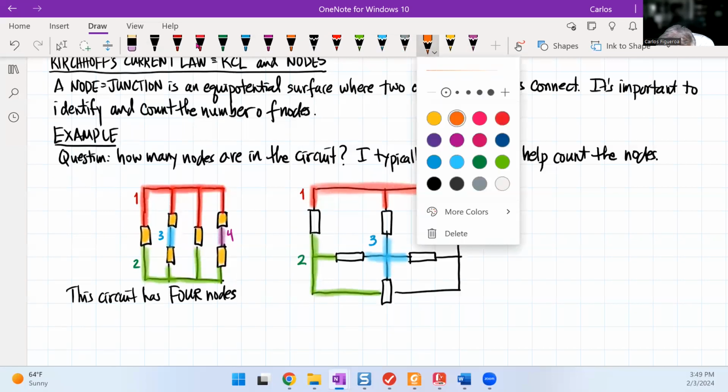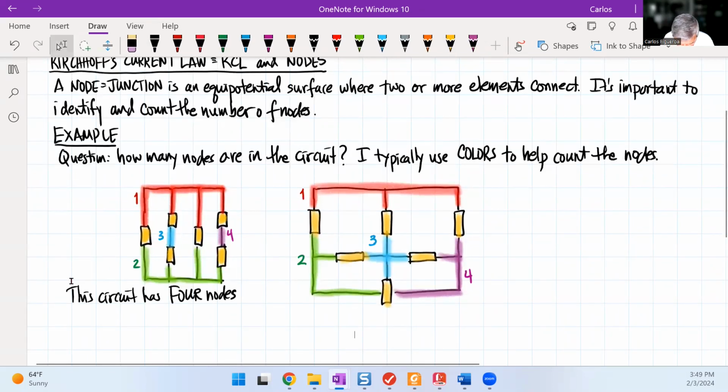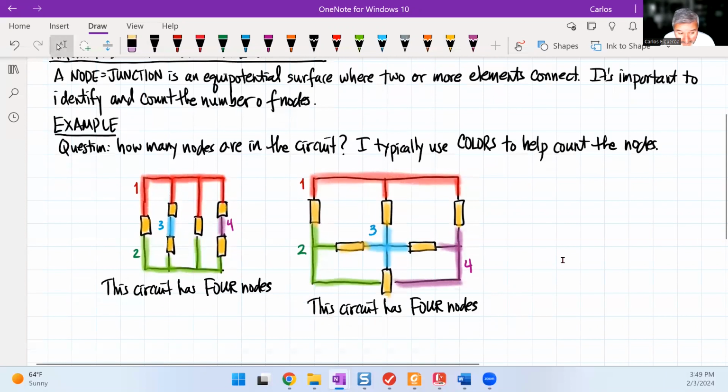And then finally, I could come in and add this last node. And even though this circuit is different, it has the same number of nodes. So once again, we can then say that this circuit has 4 nodes. So if I just come over here, I'm going to copy this. And then I'll just come over here and just say, this circuit has 4 nodes as well.